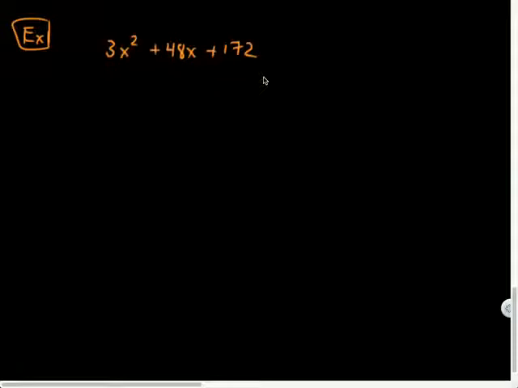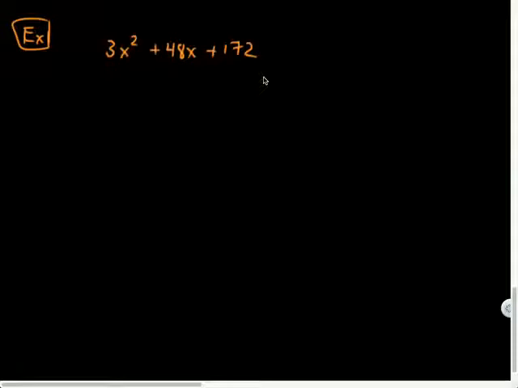So, looking at this, does this appear to match a pattern? Is 3 a perfect square? No. Is 172 a perfect square? No. So I could jump in and start AC methoding this, but wait.